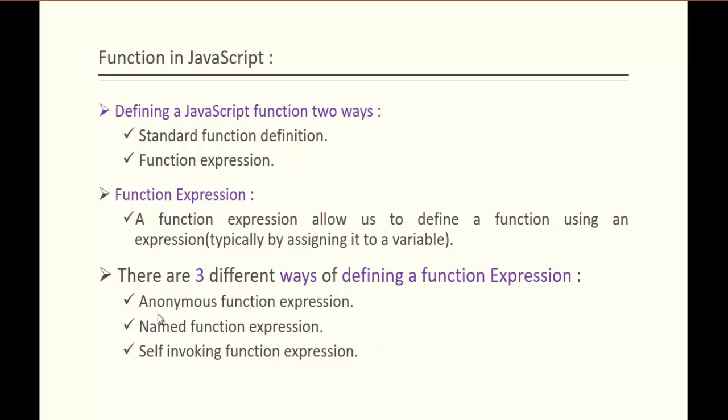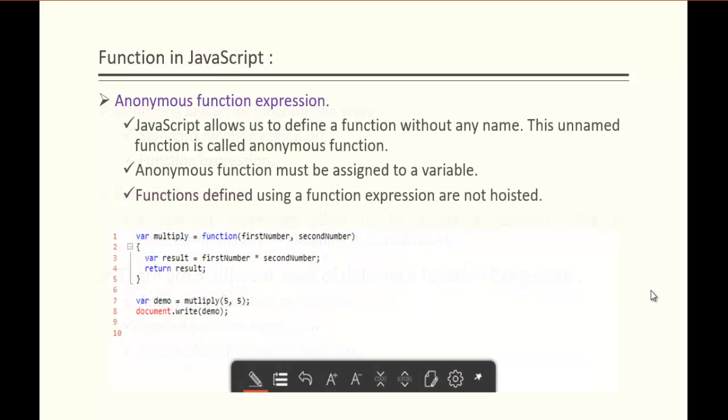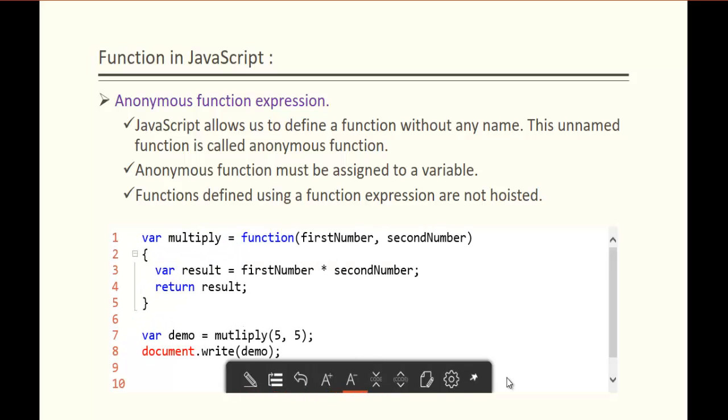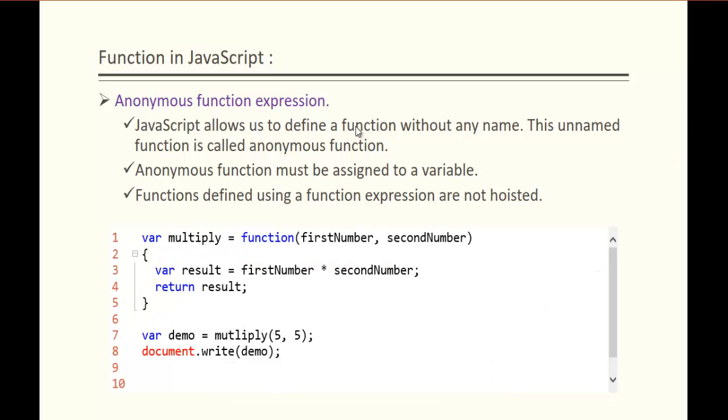So let us understand the anonymous function expression. What do you mean by anonymous function expression? It's very simple. So let me expand this piece of code. JavaScript allows us to define a function without any name. This unnamed function is called an anonymous function. You can observe here in my example, I've defined a function.